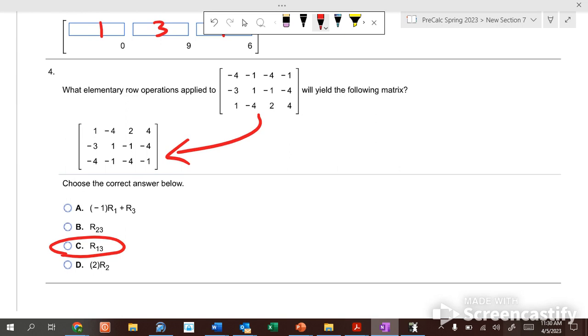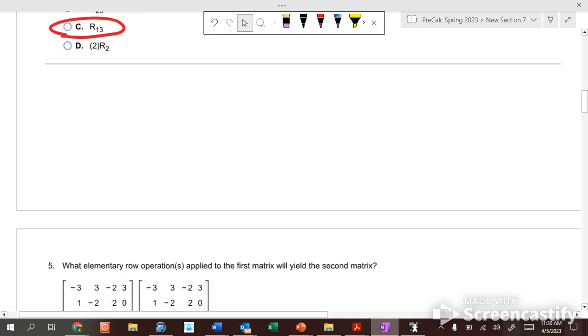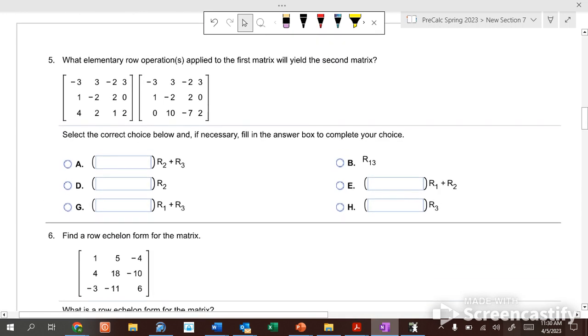Switching row 1 and row 3 is R13. That's what it stands for. Switching those around. How do we get from here to here? Is the top row the same? Is the second row the same? Is the third row the same? No.